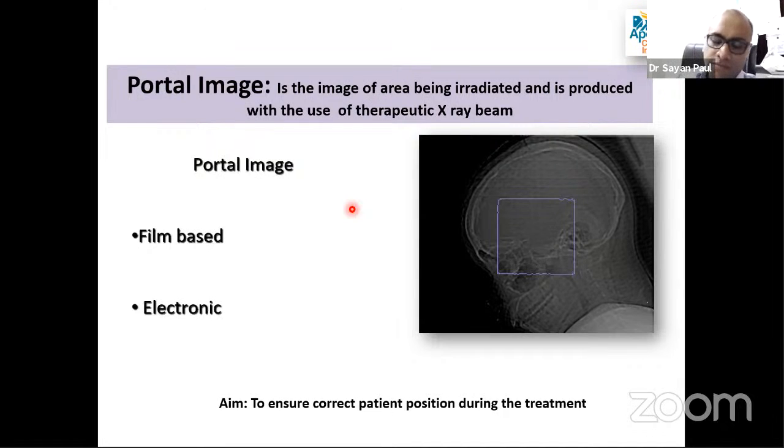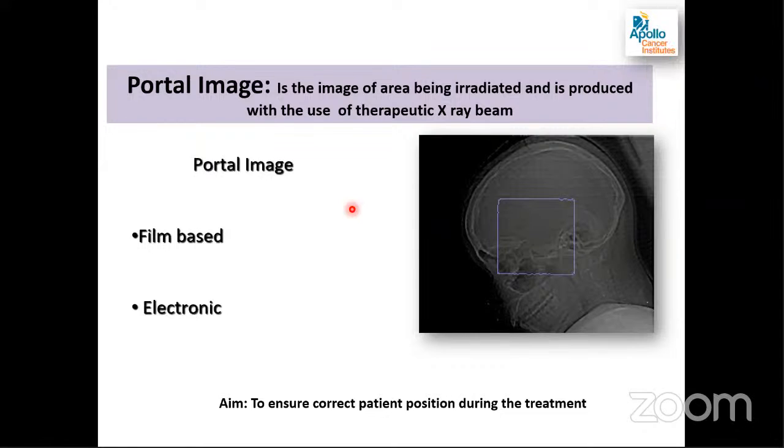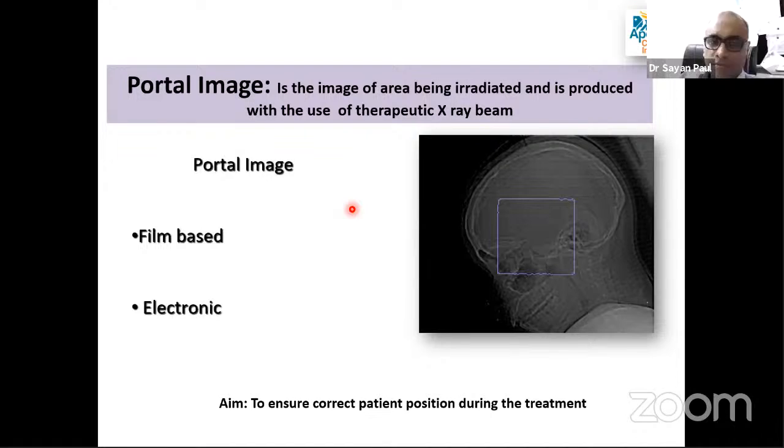Previously it was film-based, when we didn't have electronic portal imaging. You need to develop the film and then see whether your isocenter is in position or not, and calculate how much the shift is. That was time consuming, and it was essentially offline because developing the film takes time. So you can't do any online correction. Online means before delivering that particular fraction of treatment.